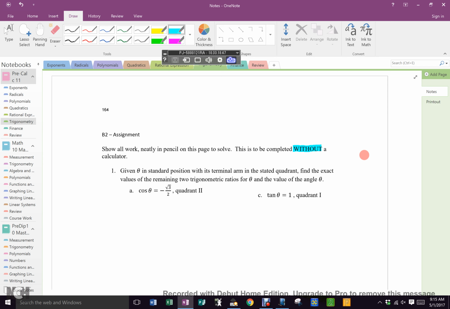Now, normally, I would say an assignment is worth marks, yes? But I am also not a mean person, and I never make you do anything for marks unless I give you independent practice first, yes? Did you get independent practice before this? No, we did the notes. So this is not an assignment for marks.